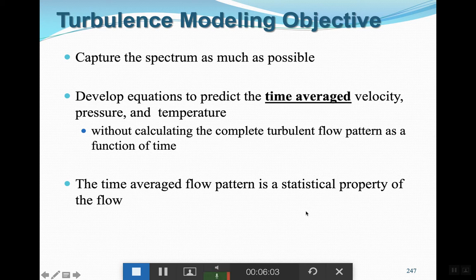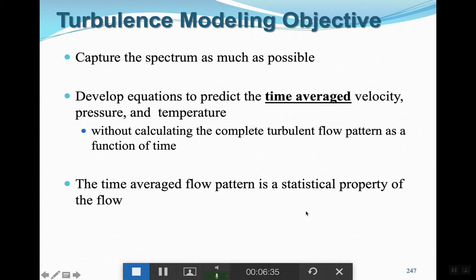So whatever model we use, we will try to capture as much as possible from large and small, to both ends of the extreme. We will try to develop equations to predict the time average velocity, pressure, and temperature. We will do so without calculating the complete turbulent flow pattern as a function of time.